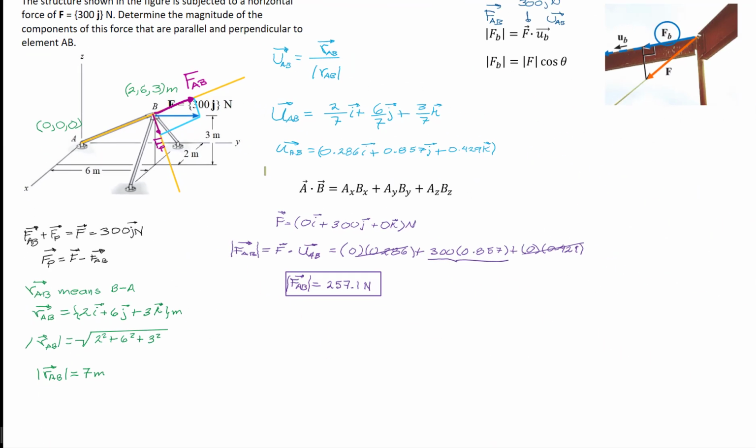I can multiply this unit vector times my FAB, which is just a magnitude, remember. In that way, I will have the component of my vector F onto the line AB.